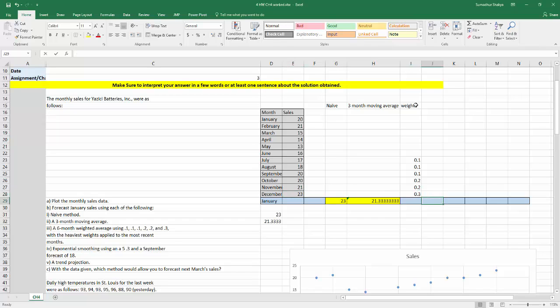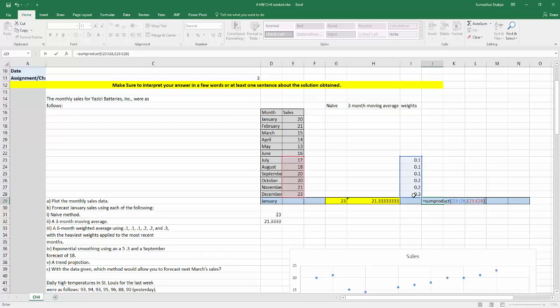So in this case, therefore, our sales becomes the sum product of the weight times the sales. Okay, so what it does is, it means we are doing the sum of the products between 17 times 0.1 plus 18 times 0.1 plus 20 times 0.1 plus 20 times 0.2 plus 21 times 0.2 plus 23 times 0.3.